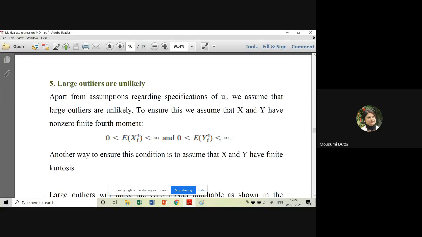Since the entire regression analysis is a mean-based approach, if outliers are present, the entire analysis will be affected. We will come to an erroneous conclusion. Hence, it is very important to assume large outliers are unlikely.